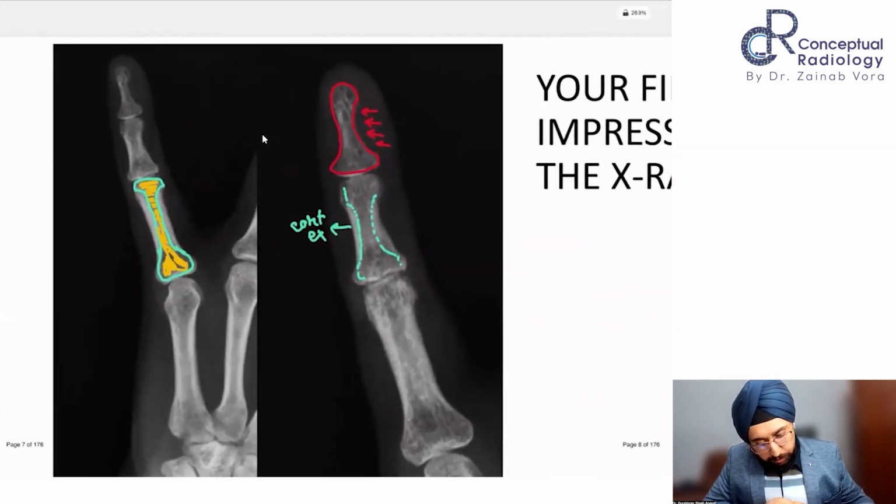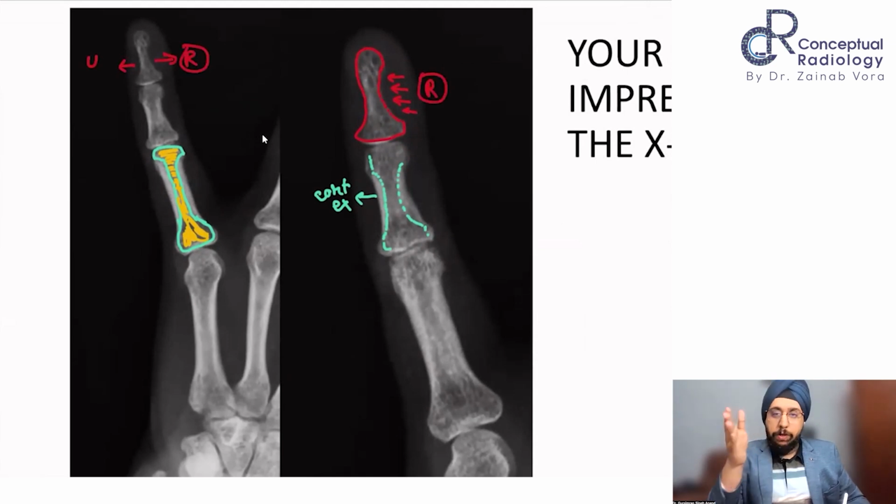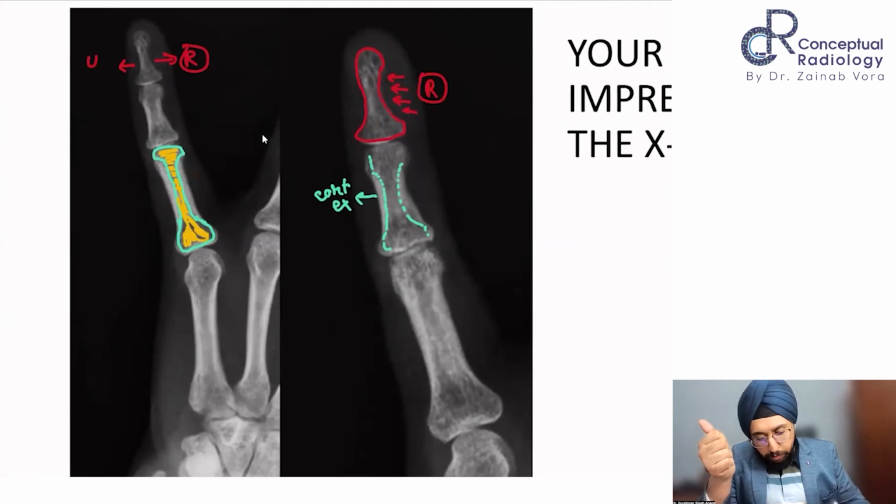Now we can see that this would be your ulnar aspect and this would be your radial aspect. Okay, so basically what we are dealing with here is an abnormality on the radial aspect of the shaft of the distal phalanx. Okay, but what is normal here is that the medullary cavity is absolutely normal. There is no lytic lesion which you see.